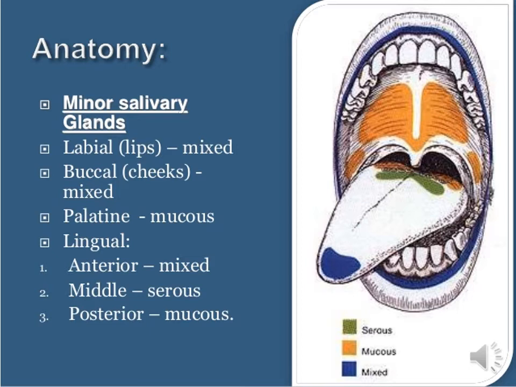The lingual glands we divide into three parts: anterior, middle, and posterior. The anterior lingual gland, in the anterior part of the tongue, is mixed. In the middle, it is serous. In the posterior, it is mucous. We can see in these figures the distribution of the minor salivary glands and their type of secretion.